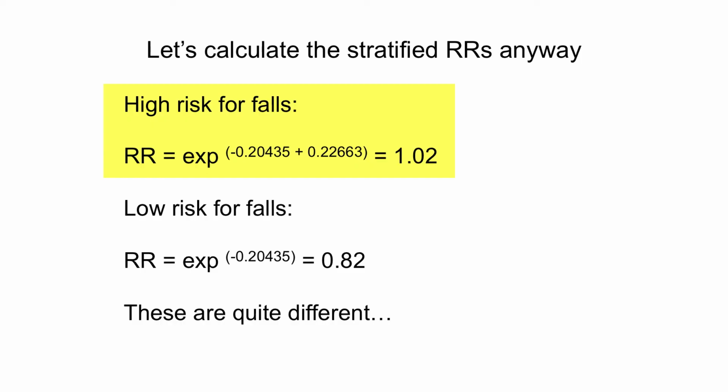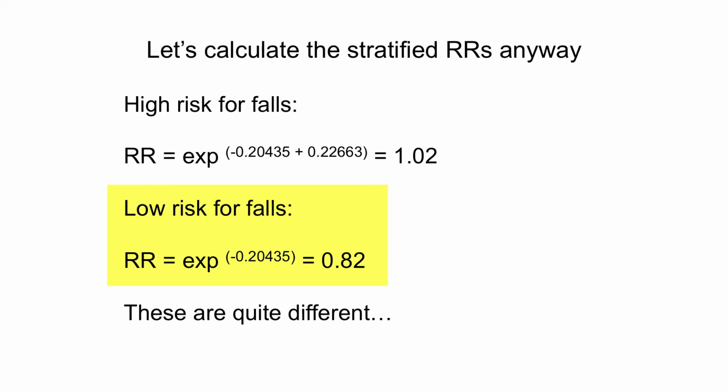This tells us that among individuals in the high-risk group, those receiving treatment have 1.02 times the fracture rate of those in the control group. The calculation of the rate ratio for the effect of treatment among those in the low-risk group includes the treatment coefficient only. We exponentiate this to get a rate ratio of 0.82.